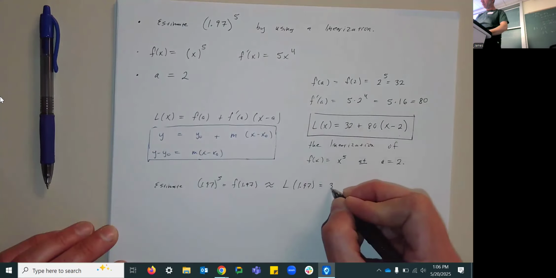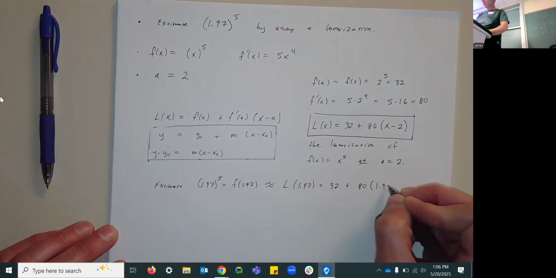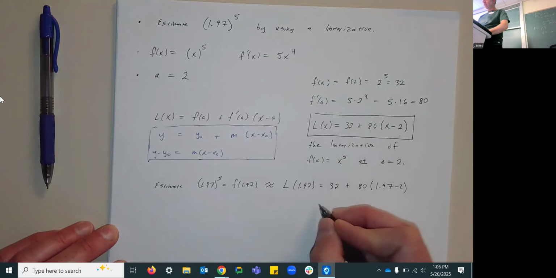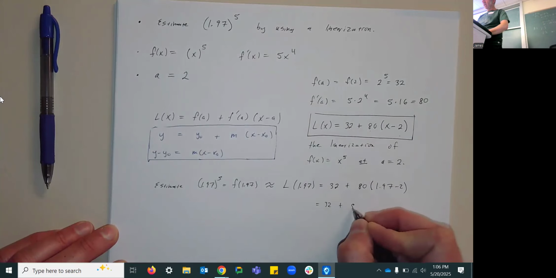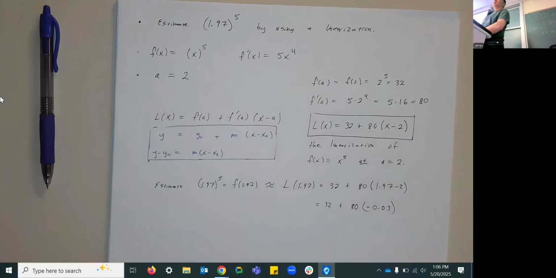So it's going to be 32 plus 80 times 1.97 minus 2, which is then going to be 32 plus 80 times negative 0.03. And I know that 8 times 3 is 24. So 80 times 0.03 should be 2.4. If I multiply this by 10, it's 0.3. If I multiply it by 8 after that, it's 2.4.